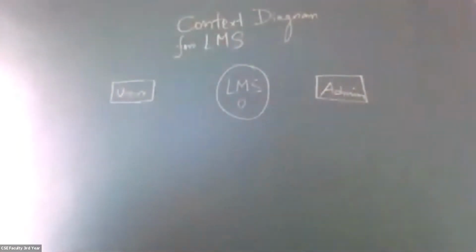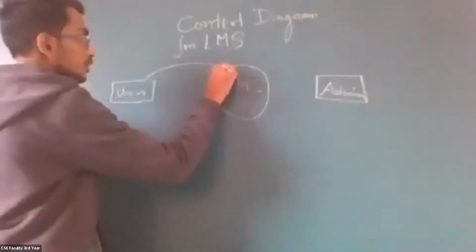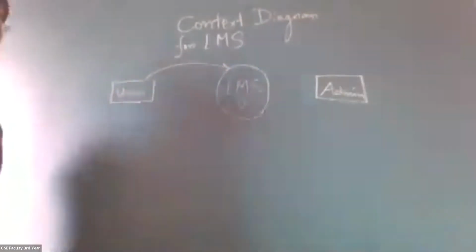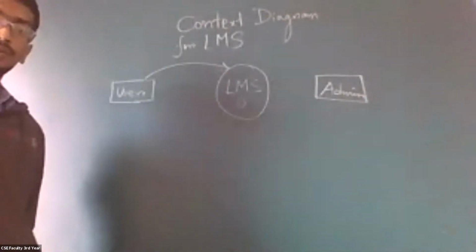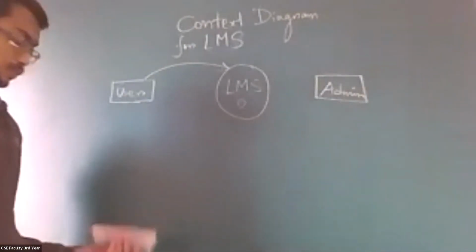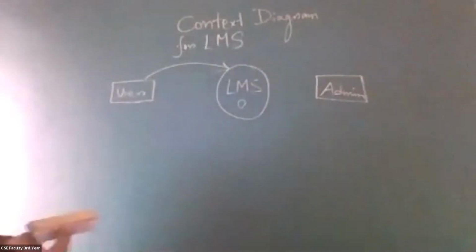Okay, so user can issue book, can renew a book, or issue renewal.